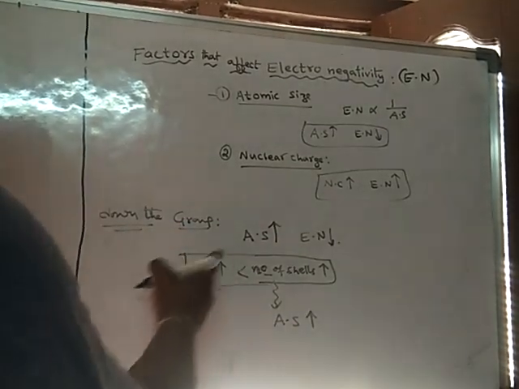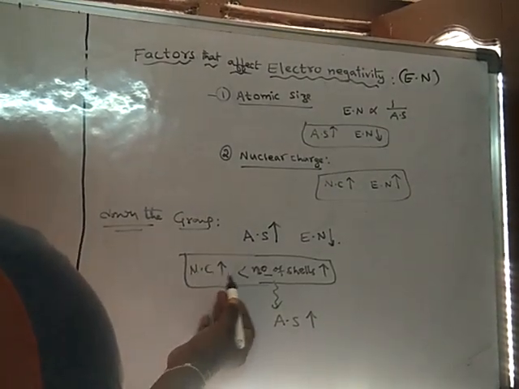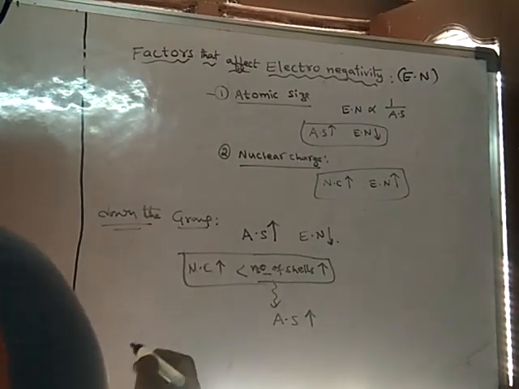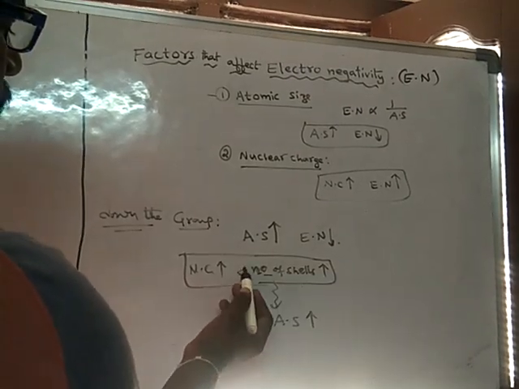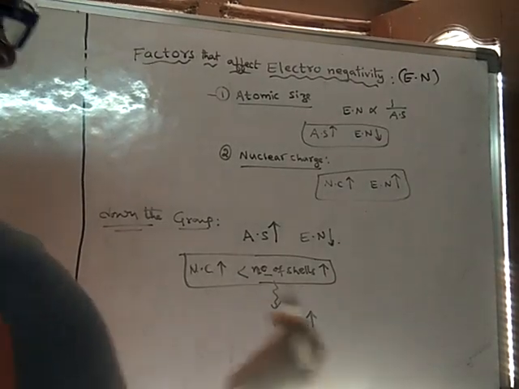So down the group, why does atomic size increase? Though there is an increase in nuclear charge and an increase in number of shells, the increase in number of shells dominates over the increase in nuclear charge. As a result, atomic size increases.